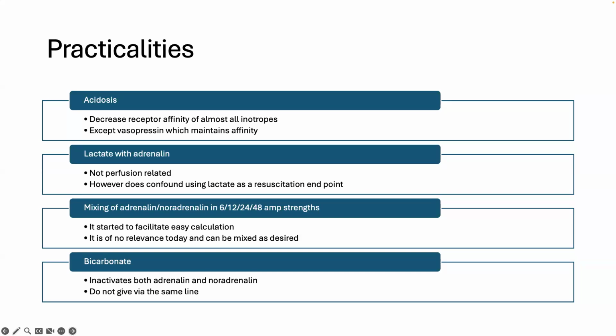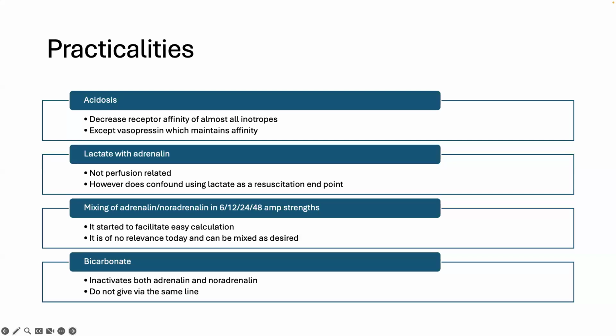Traditionally, adrenaline and noradrenaline are mixed in 6, 12, 24, 48 amps. I'm sure you've all heard of single strength, double strength, quadruple strength adrenaline. The reason this was done was to allow for easy calculation, because if you take 6 amps of adrenaline into 100 mL, and you take a patient's weight as an average of 60 kilograms, then you can work out how many micrograms per hour.